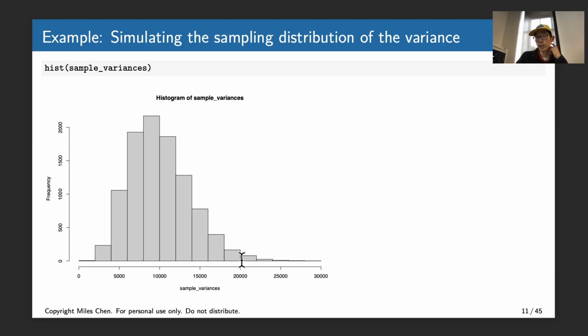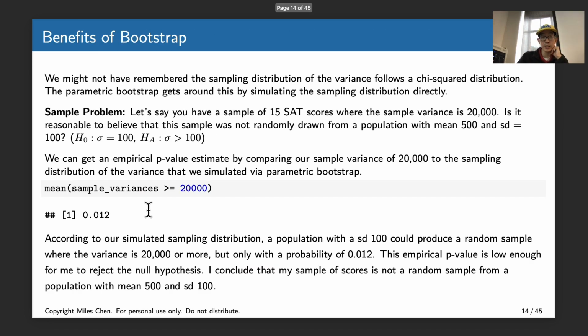But we can see exactly how many of these are 20,000 or greater. So I do sample variances greater than or equal to 20,000. This is going to be a logical true-false vector, and when I say mean, it's going to give me the proportion of values in that vector that are true. The proportion that's true is basically 0.012, 1.2%. So out of 10,000, it happened 120 times, a probability of 1.2%.